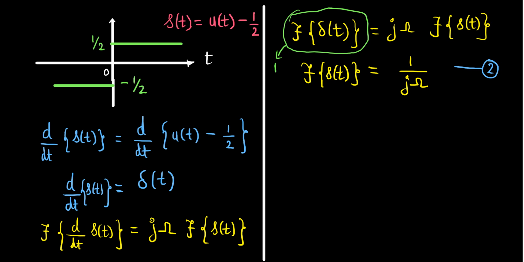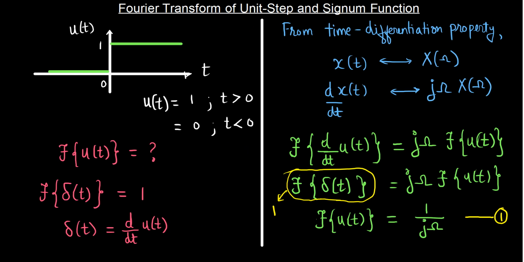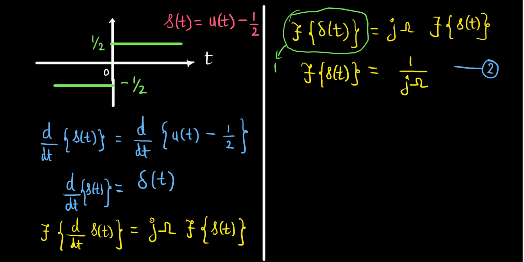Now after looking at equations 1 and 2, you can see that both of the signals u of t and s of t appear to have the same Fourier transform, that is 1 upon j omega. And you may observe that this is due to the constant being made 0 by the derivative operation. In fact, you may take any constant.